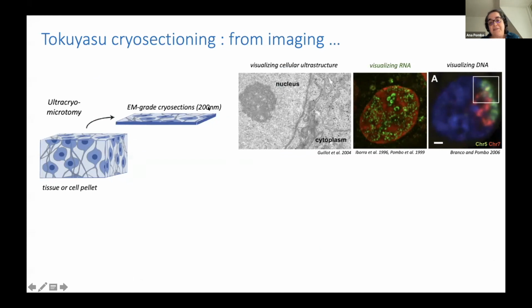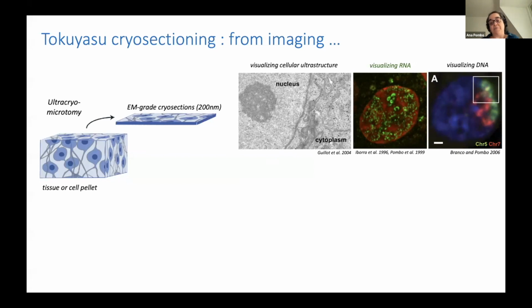Initially, and in particular in my PhD and in the lab while we were in London, in the first part of becoming a junior PI, we used a lot of this technology to understand the organization of chromatin, even at the level of electron microscopy, or the organization of specific molecules. This is, for example, visualizing sites of nascent transcription. Or all the way to looking at how whole chromosomes or specific genes and their transcripts are positioned in the nucleus when the gene is on or not.